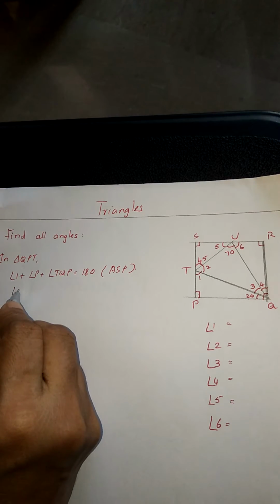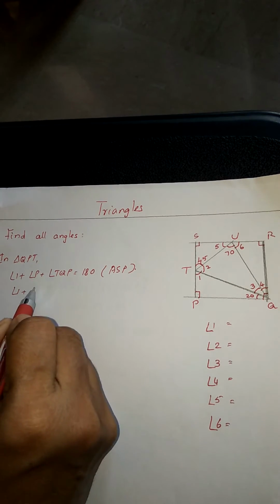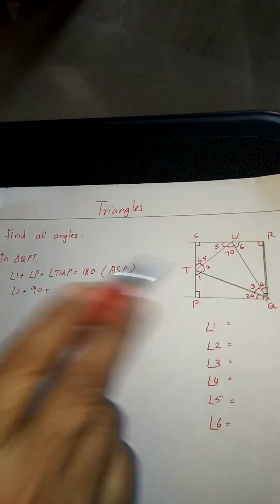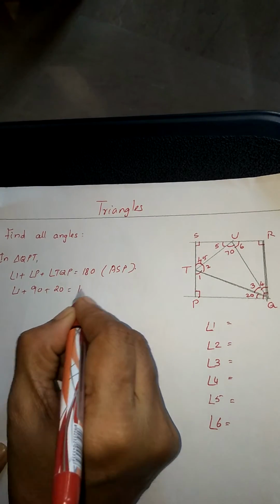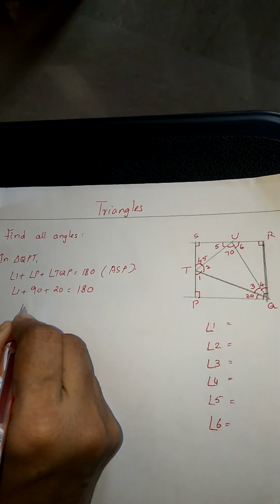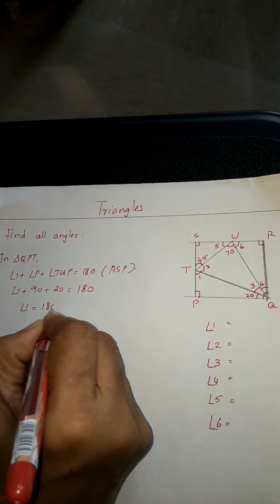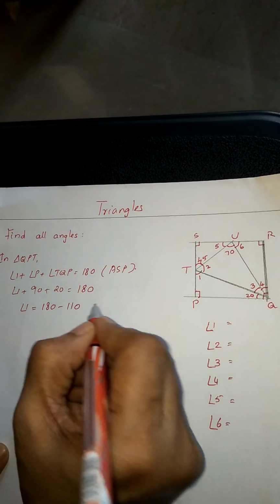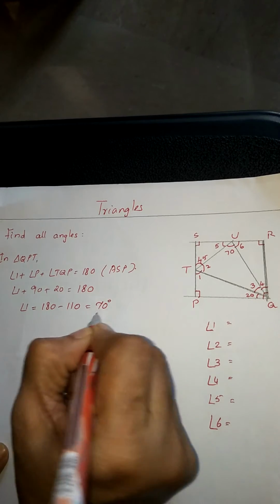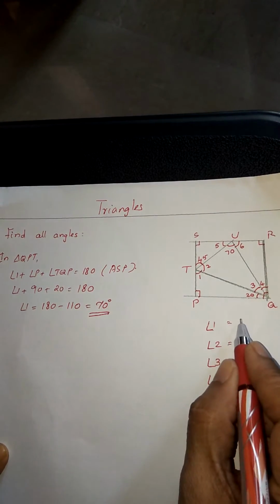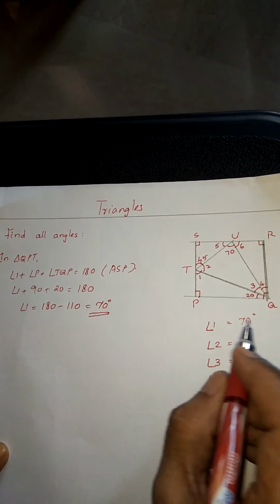Angle P is 90 and TQP is 20. So we get angle 1 is equal to 180 minus 110 is equal to 70 degrees.